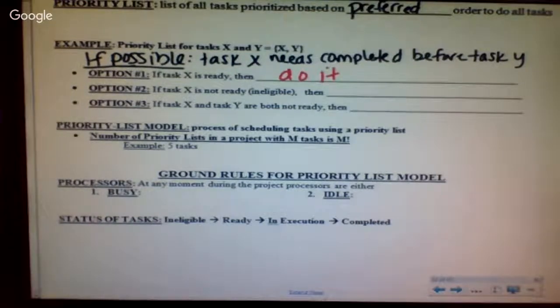If it's not ready, okay, then do task Y. If X is not ready, skip over it and do the next available task, which is Y in this case. If everything is not ready, then we idle. Then you get time to play on your phone. Okay? If there's nothing to be done, you get to play on your phone.